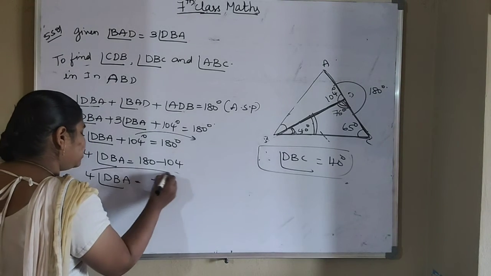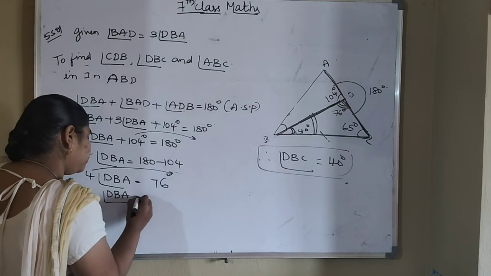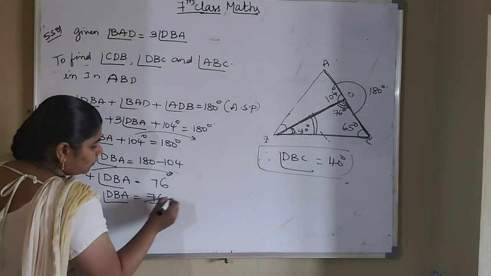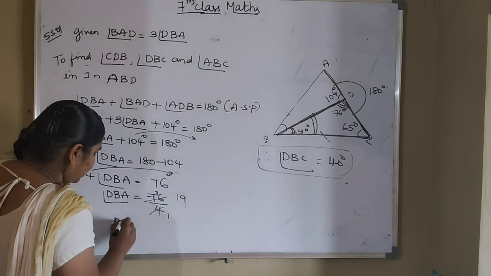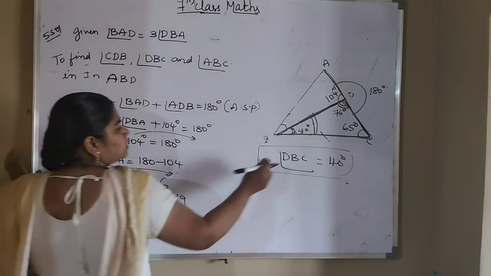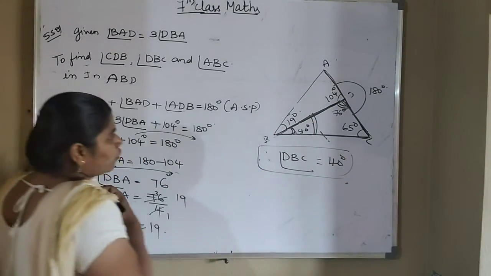Now I am transposing this 4 to the other side, that will be in the form of division. 76 by 4. 4 ones are 4, 4 nines are 36. So you got the DBA value as 19. So this DBA value is 19.